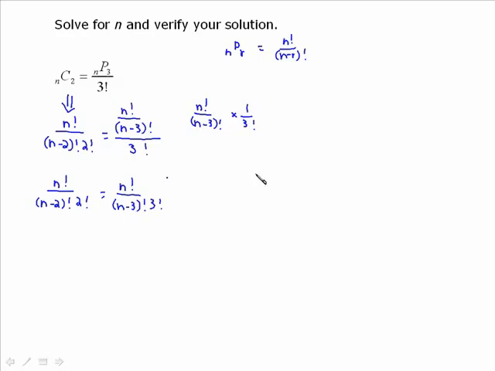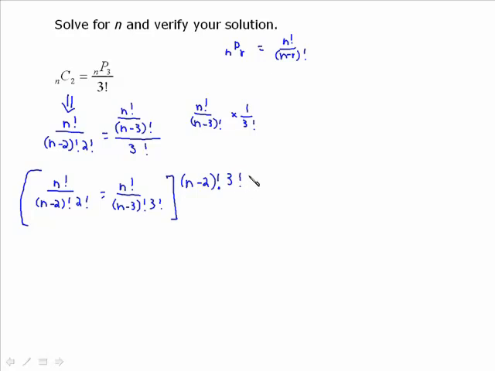What I'm going to do, just to do things a little bit fancy, is multiply both sides, not by n minus 2 times n minus 3, but rather by n minus 2 factorial times 3 factorial.